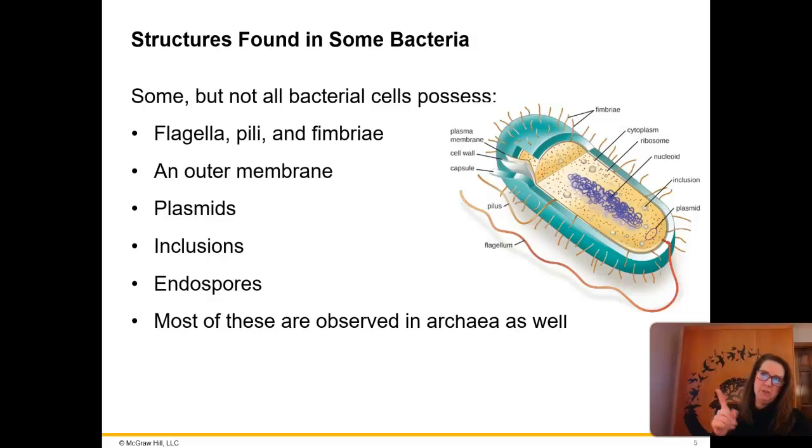Some flagella, actually most flagella, will pull an organism through as opposed to pushing it. So you see that this little bacterial cell has one really long flagellum, and they tell us that the flagellum has more of a whiplash kind of movement that helps it pull that cell through the environment.